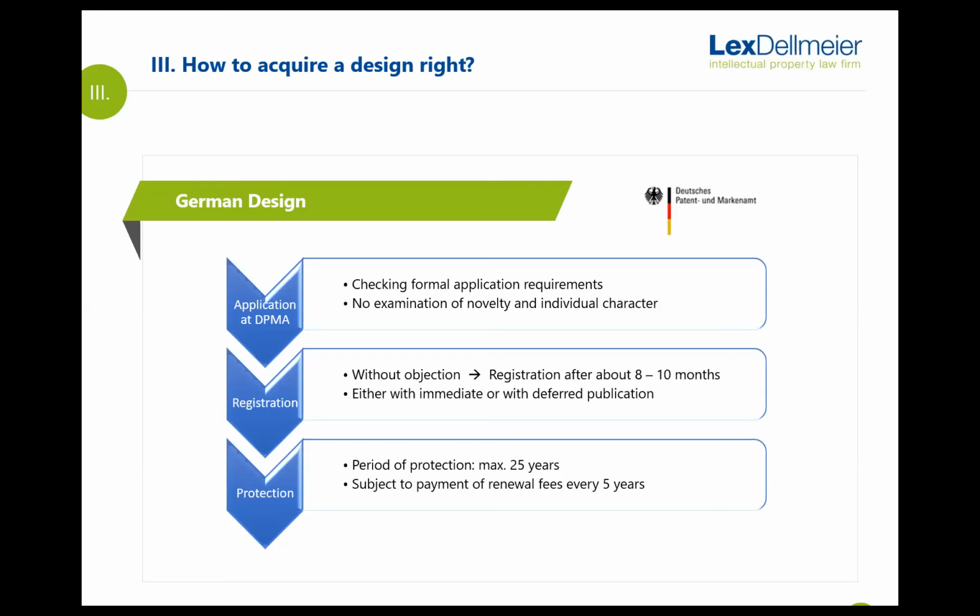And once the design is registered, it will get published either immediately or deferred if you ask for a deferred publication. What does that mean, deferred publication? It means that only basic details of your application, like the applicant's name, the Locarno class, things like that, will be published on the register, but nobody will see what your design actually looks like, the shape of your product.